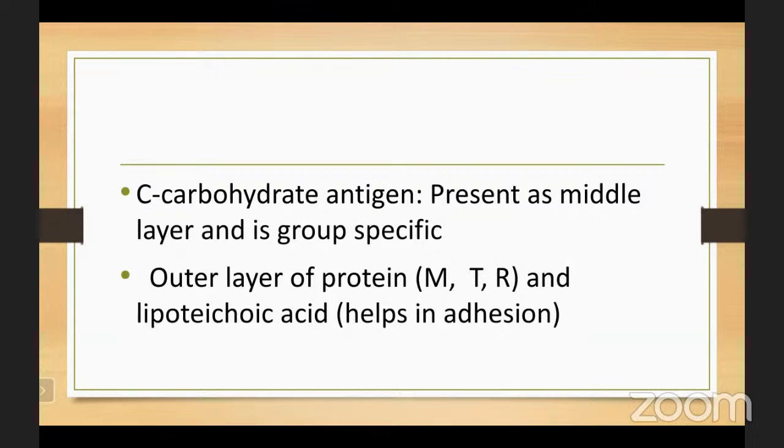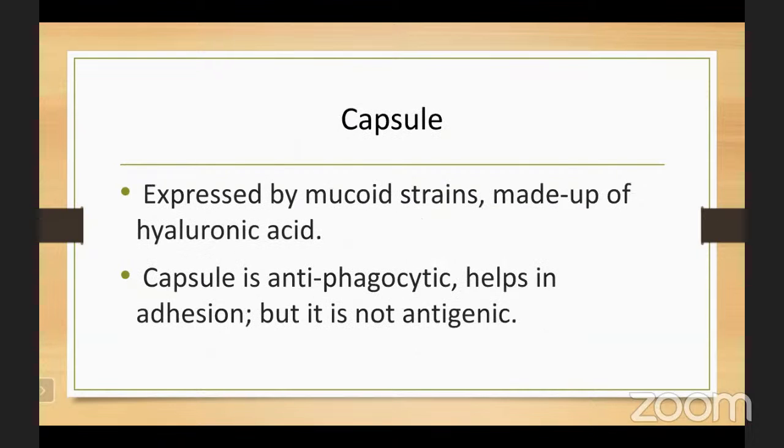It is present as the middle layer and is group specific. Next one is the outer layer of protein and lipoteichoic acid, which helps in adhesion. Next one is the capsule. Capsule is expressed by mucoid strains. It is made up of hyaluronic acid. Capsule is antiphagocytic. It helps in adhesion, but capsules are not antigenic.